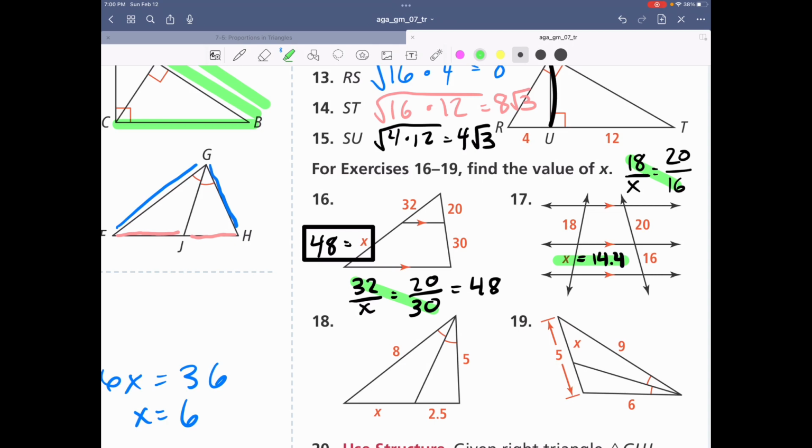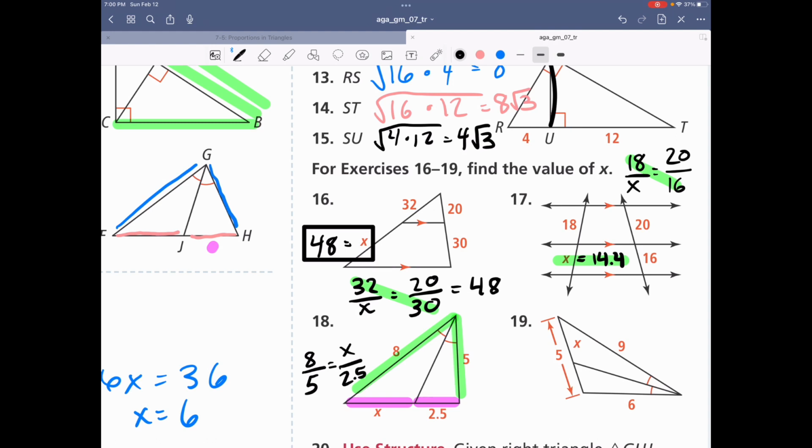Okay. For number 18, we want to set up a proportion where 8 corresponds to 5. This is the angle bisector theorem, and x is proportional to 2.5. So 8 is to 5 as x is to 2.5.